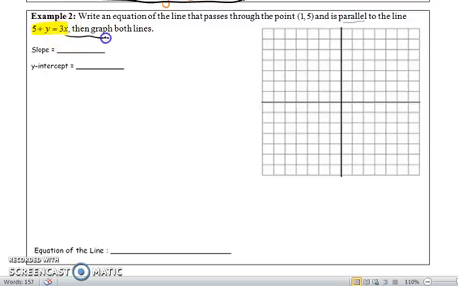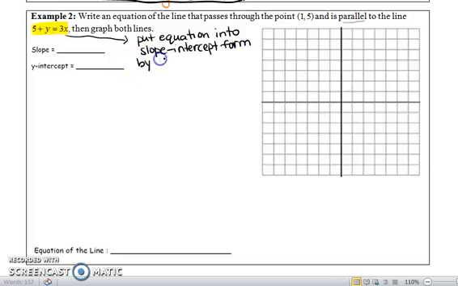So what we need to do before we identify any information is get the given line and put the equation into slope-intercept form, and the way we will do that is by solving for the variable y.